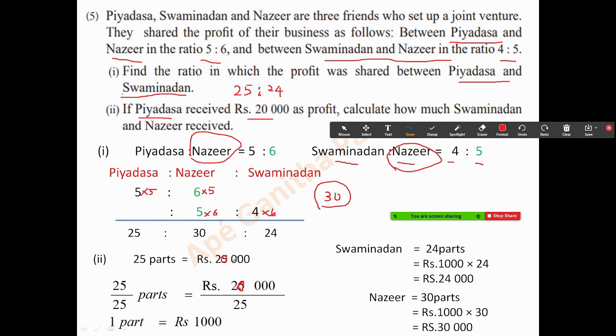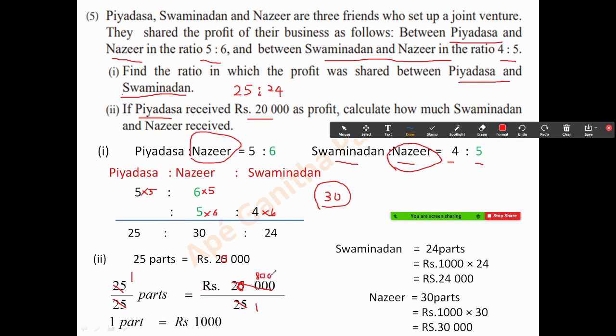When you divide 25 by 25, that is 1. When you divide 20,000 by 25, 25 into 400 there are 16... for 200 there are 8 twenty-fives. 20,000 divided by 25.